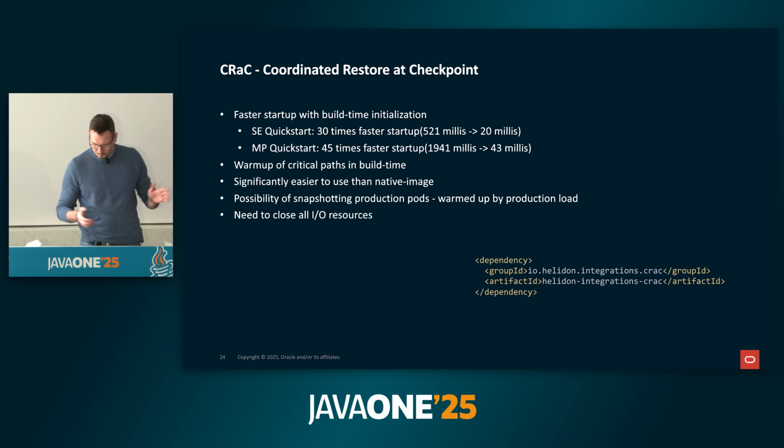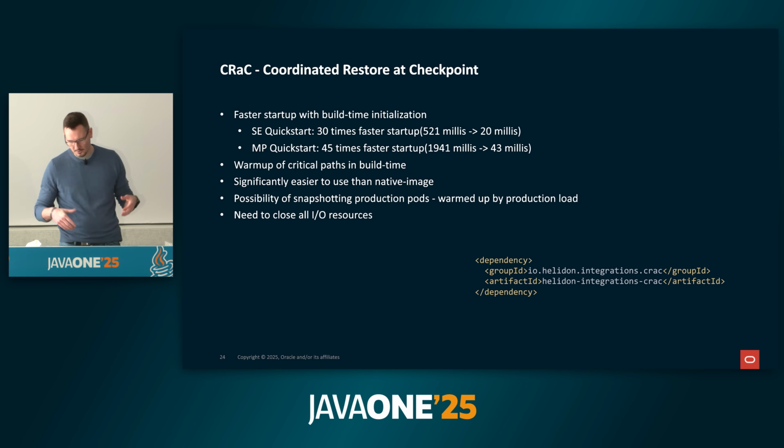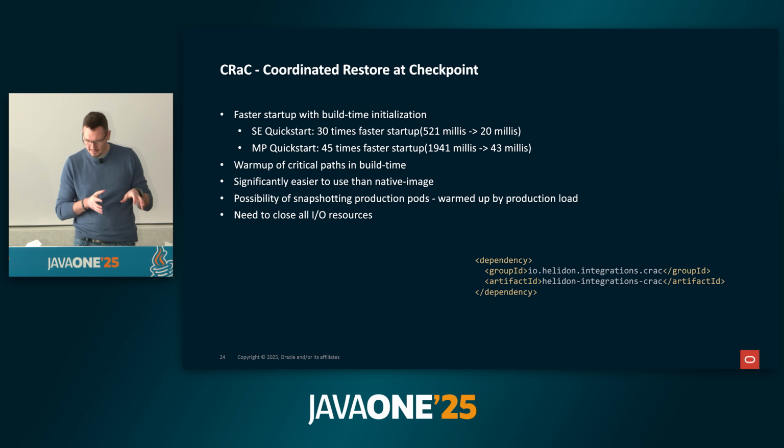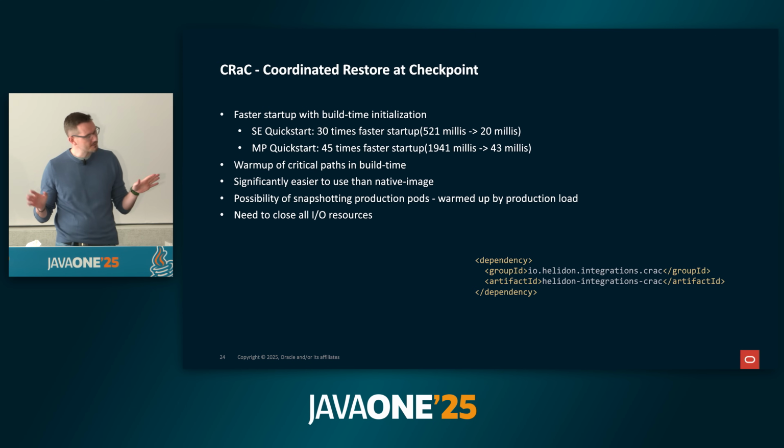So, CRaC. It brings the ability to snapshot the running JVM. You can pre-warm your application and start exactly from that snapshot. Extremely fast. The restoring takes just a few milliseconds, really fast. It's a very powerful feature.